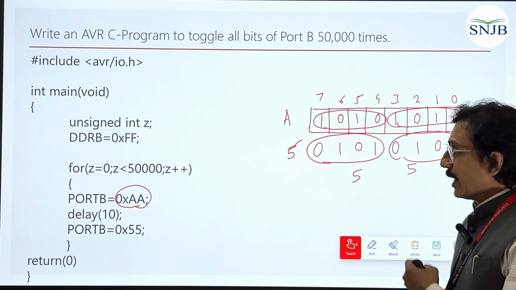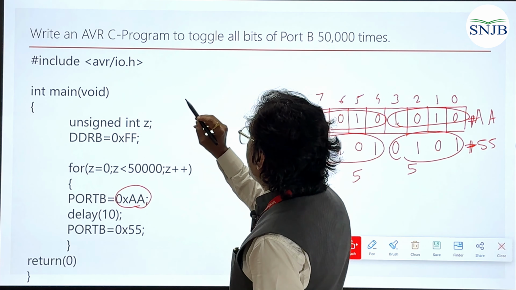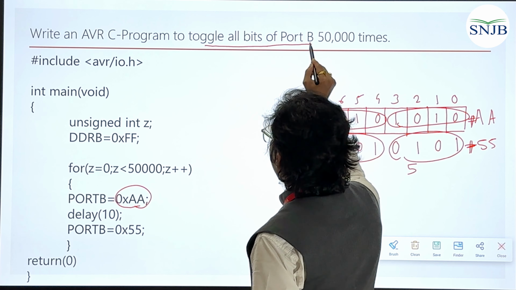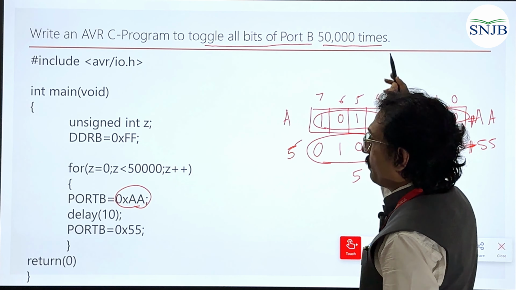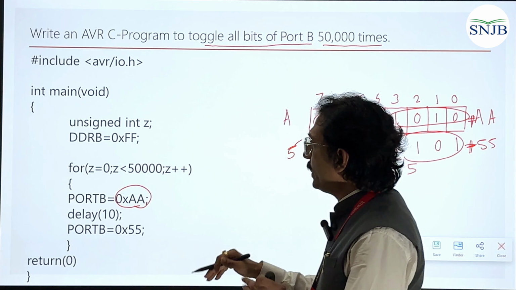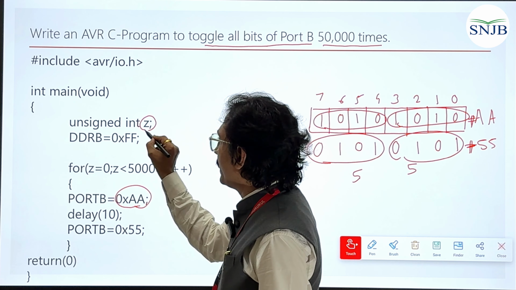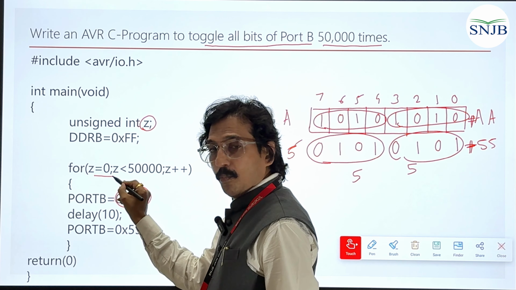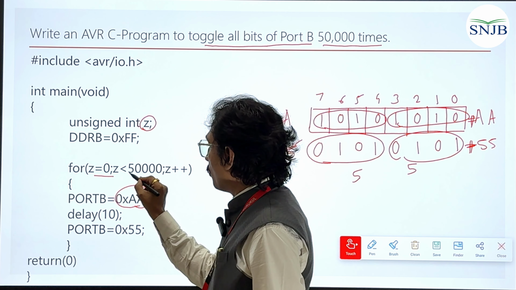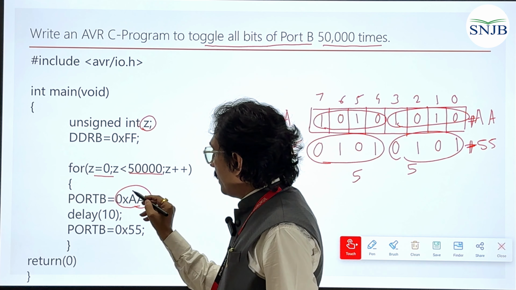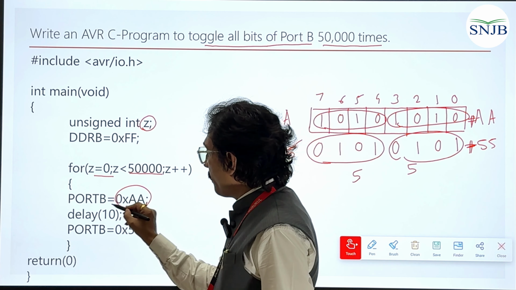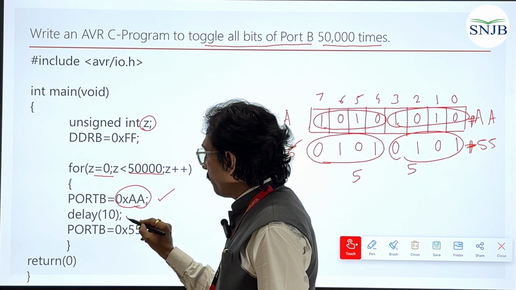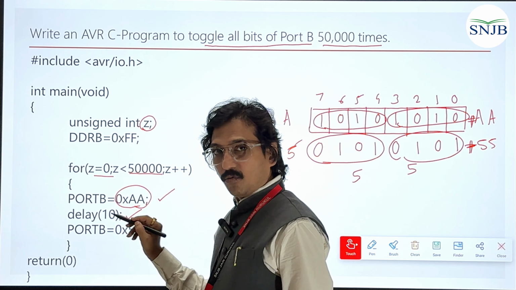That's why what is mentioned in the program is toggling all the bits of the port B 50,000 times. So one loop we have created and one variable has been declared for running that loop 50,000 times, and for 50,000 times port B is going to toggle the bits with a delay of 10 milliseconds, for example.